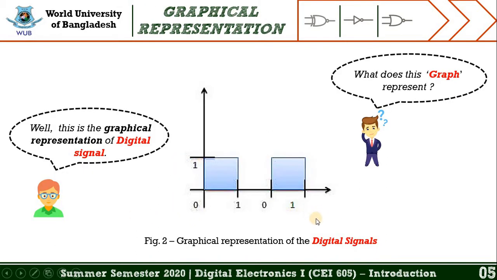From this slide, you will get the information about how digital signals look, or you can say the graphical representation of a digital signal. Like the slide of analog signals' graphical representation, there is also a two-axis system. One is the x-axis and the other is the y-axis.